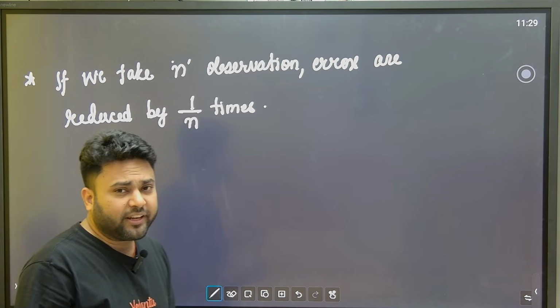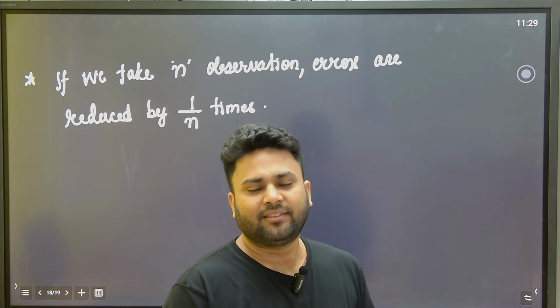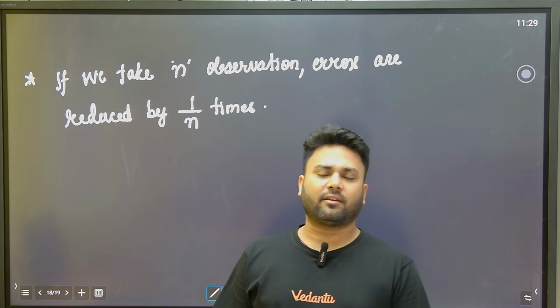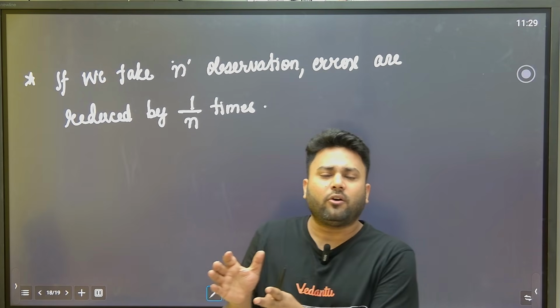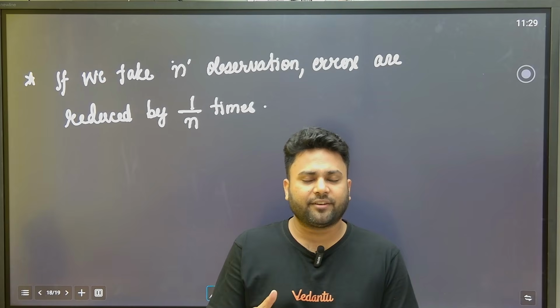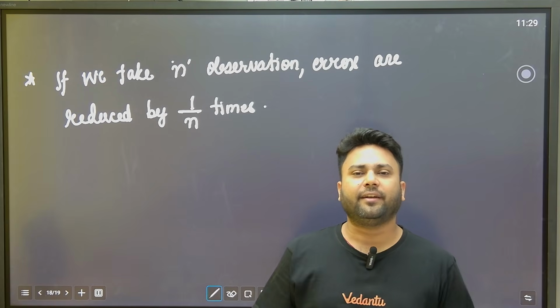So the more observations you take, the less is the chance of error. If you take n observations, your errors will be reduced by 1 by n times.